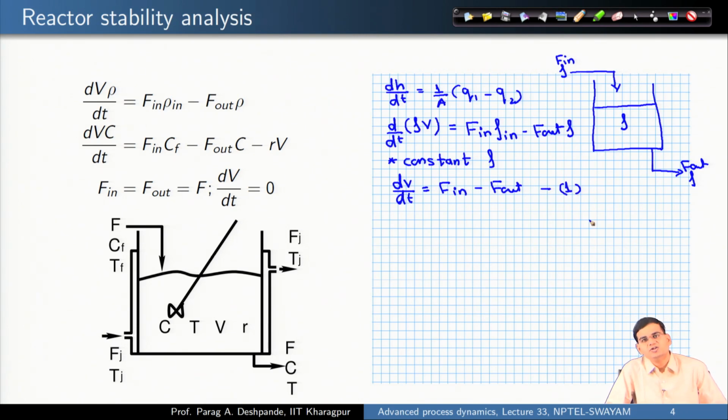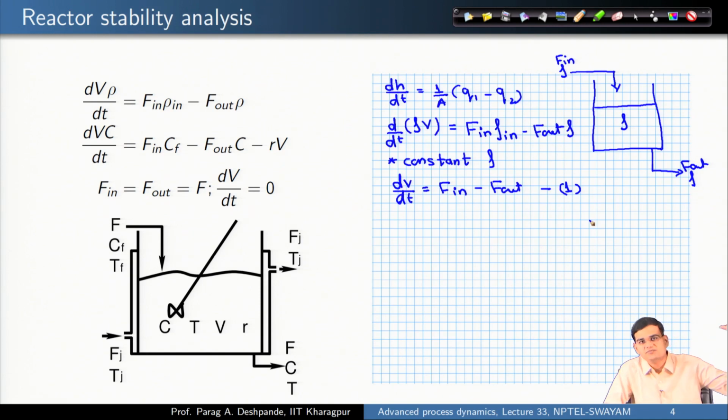Now, imagine that you do an operation in which you maintain the liquid level. Under such an assumption, the overall volume of the reaction mixture remains constant.